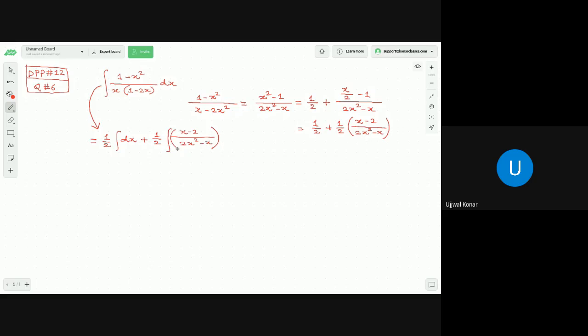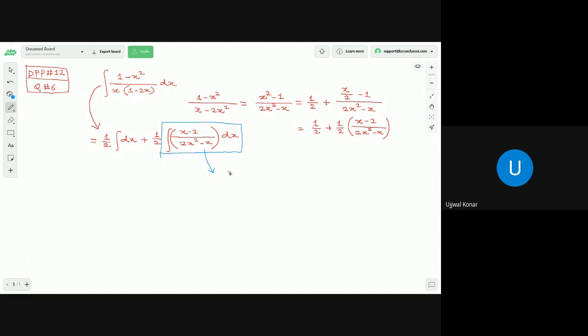And so this part, how do we integrate x minus 2 by 2x square minus x? Okay, that is quite an obvious question you are asking, but I appreciate any question. Why I say it is obvious is because you'll say after a minute, oh yes sir, you said correct.